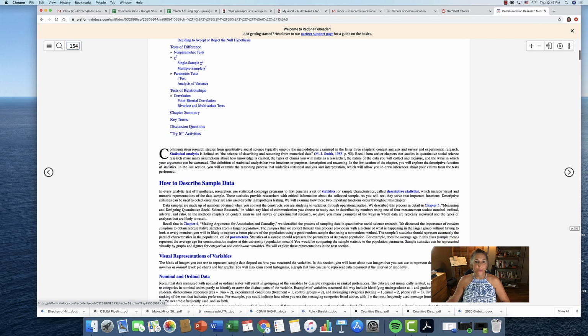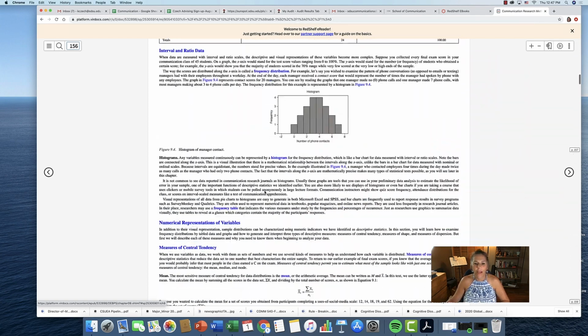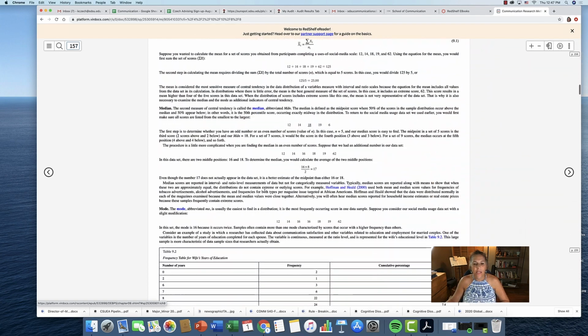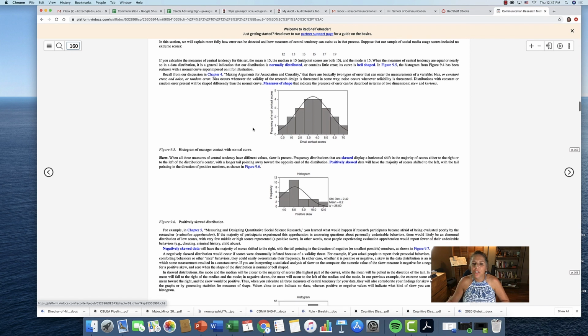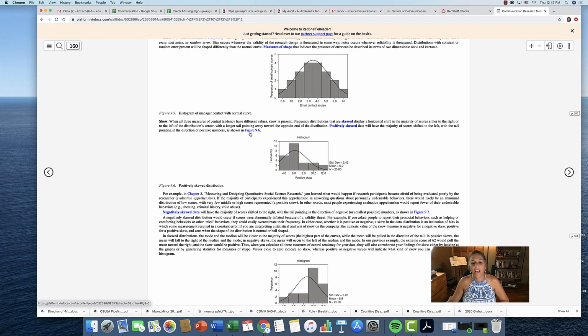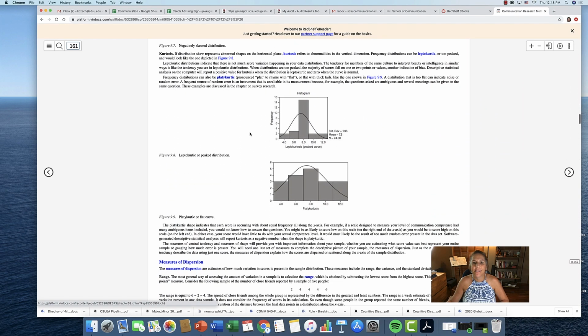All right. This is really, look at that. That is a normally distributed bell-shaped curve. And it talks about measures of shape. And when we have skewed curves, we have some that are more negative and some that are more positive.